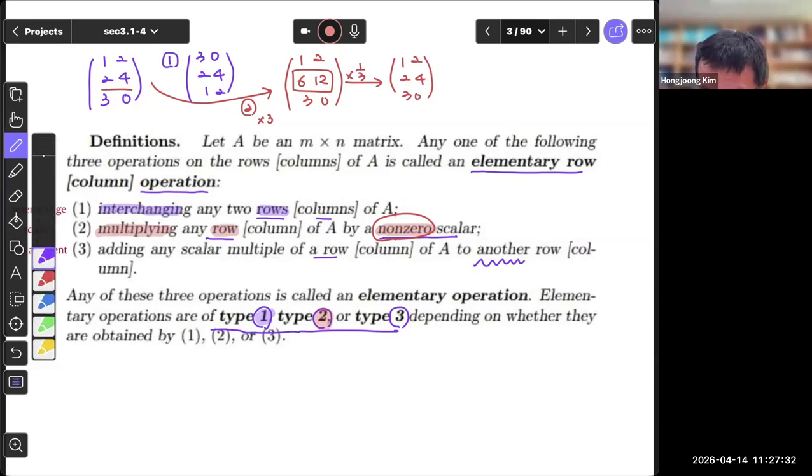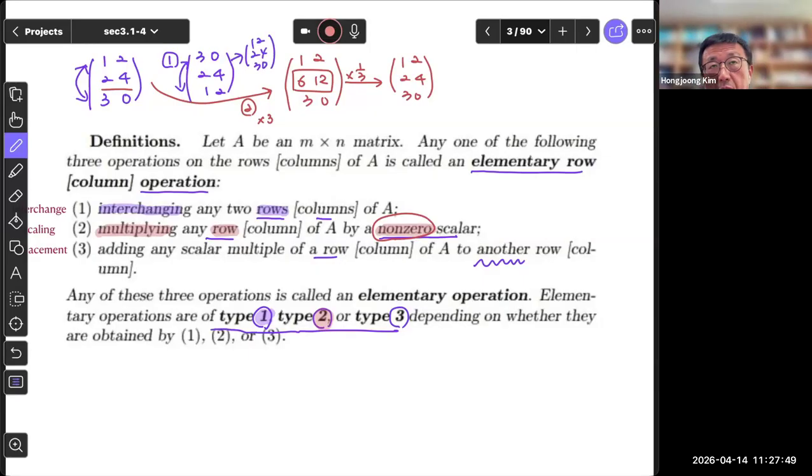And as I said, I interchanged the first row and the third row in the type 1 operation, but if I re-interchange these two, you go back to 1, 2; 2, 4; 3, 0. So I can go back to the original status by interchanging the two rows again. And in the case of the type 2 operation, when I multiply a certain non-zero value to some row, when I multiply the reciprocal of the scalar value, the matrix goes back to the original status.